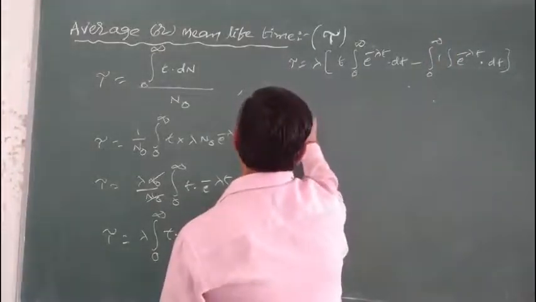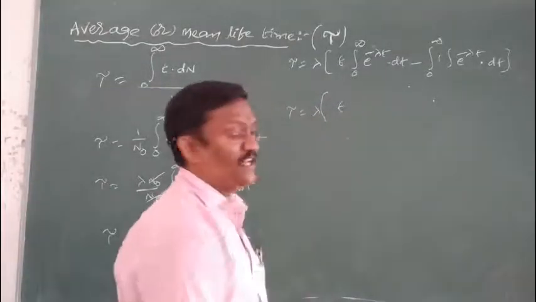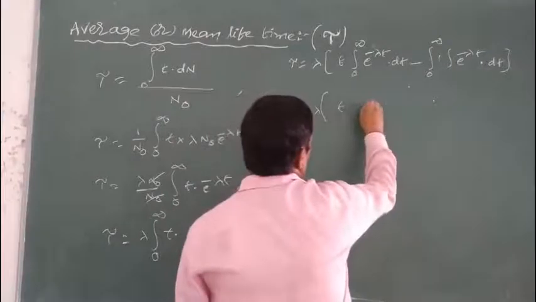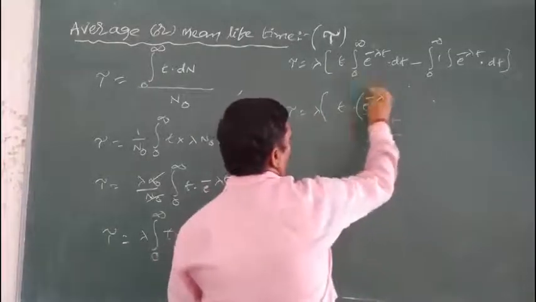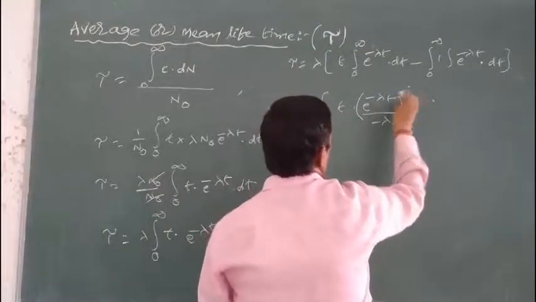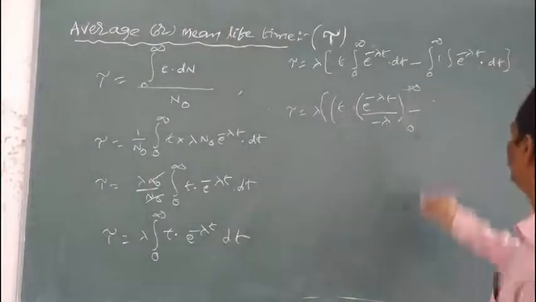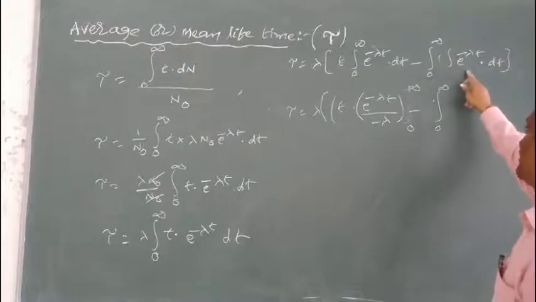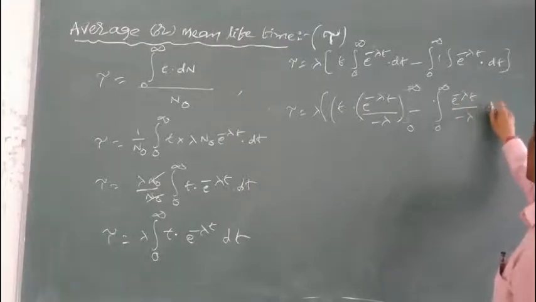So tau is equal to lambda into t times the integral of e power minus lambda t, which is e power minus lambda t by minus lambda, with limits 0 to infinity, minus the integral from 0 to infinity of 1 into again the same integral, e power minus lambda t by minus lambda dt.